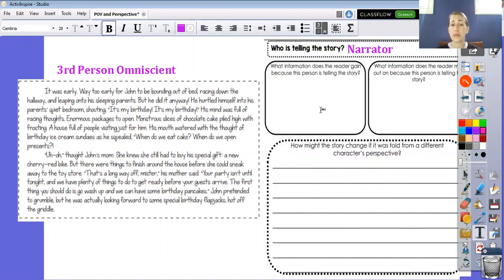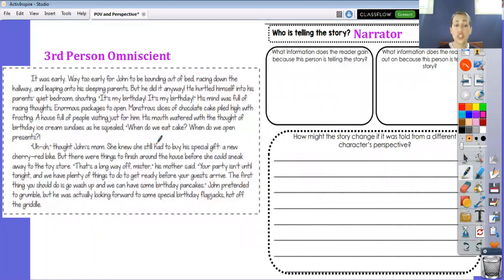Now it says, what information does the reader gain because this person is telling the story? Since this is omniscient, we know how John feels because he is shouting. We know that he's excited about his birthday.